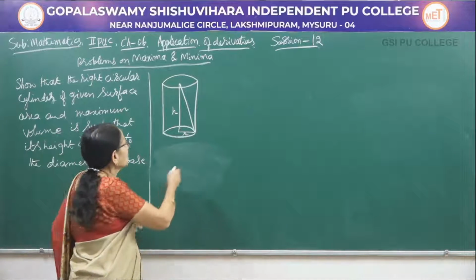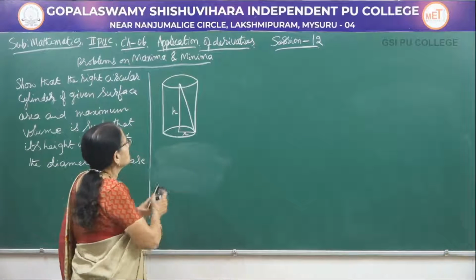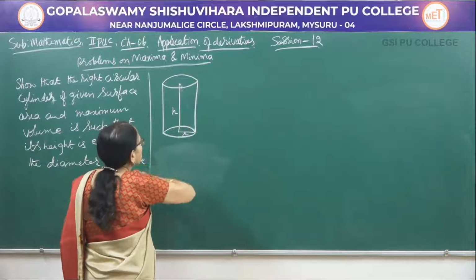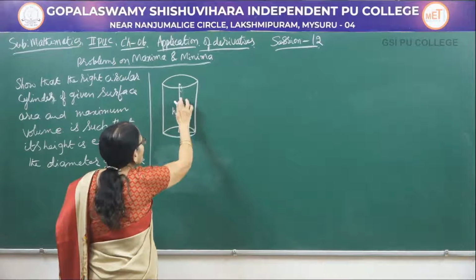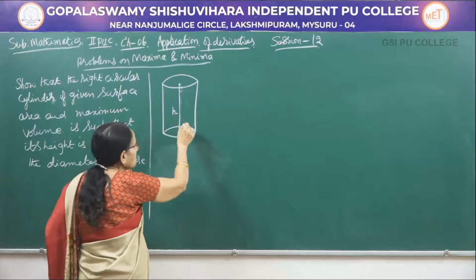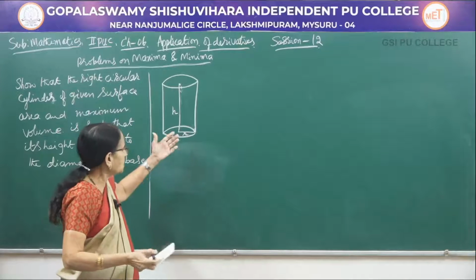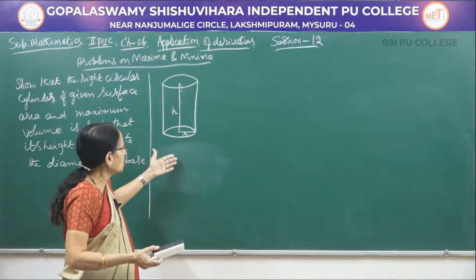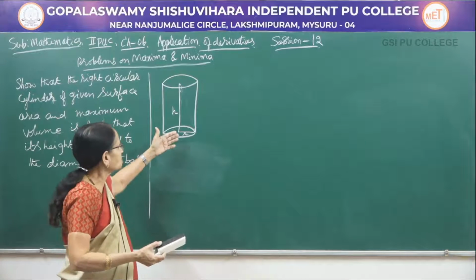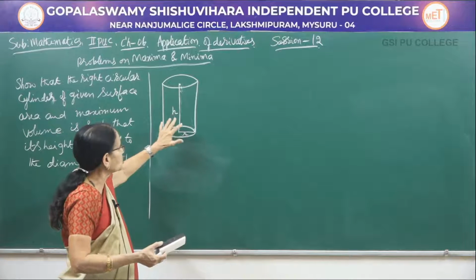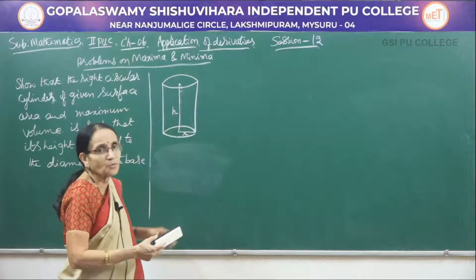Of course, considering the triangle is not necessary here. This is how it would be. From here you can write in dotted lines. This is the height h and this is the r. Of course, without the figure also you can solve the problem here. Simply just to show how it is considered, I have drawn the figure here.